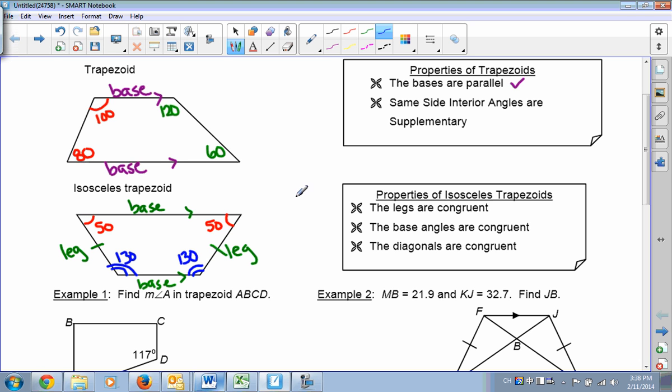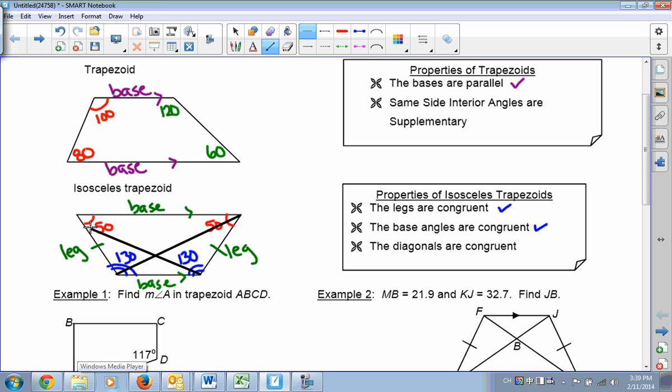The last thing, so we've done these two. The last thing isosceles triangles, oh my gosh, isosceles trapezoids have are congruent diagonals. So this diagonal here is the same length as this diagonal here.